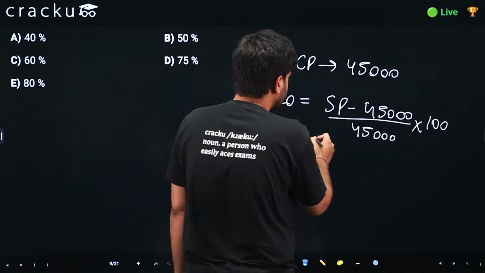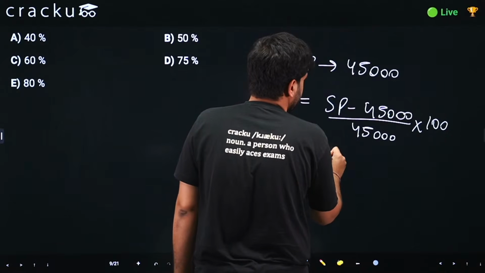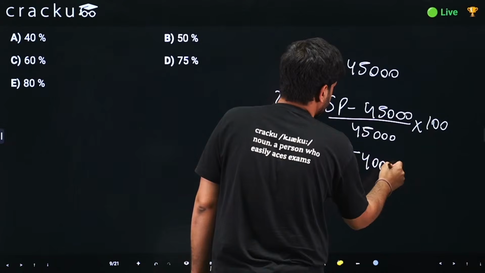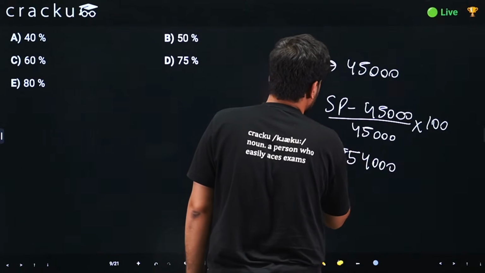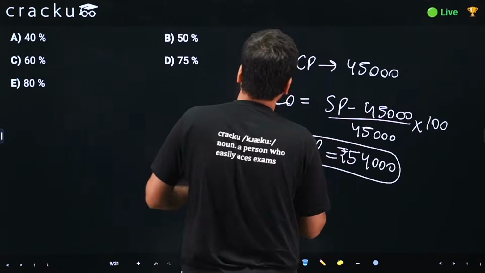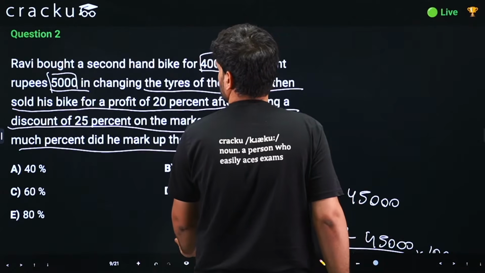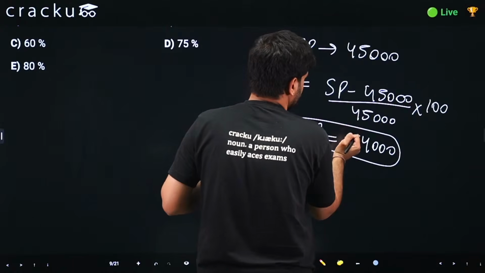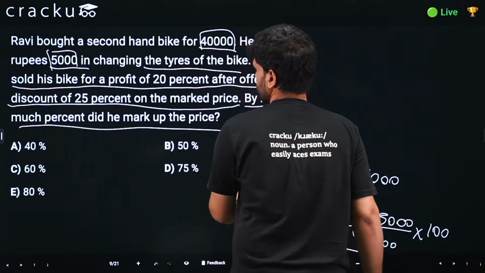If we calculate the SP, it would come out as 54,000. Actually, we are not given the unit. So SP would be 54,000.